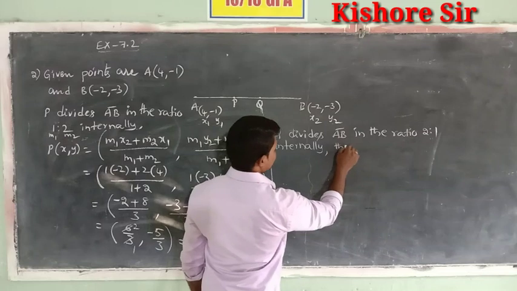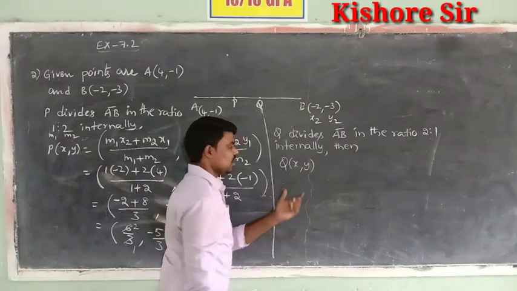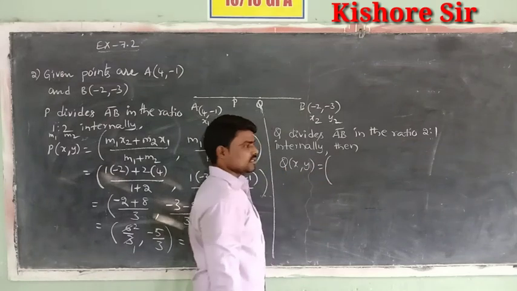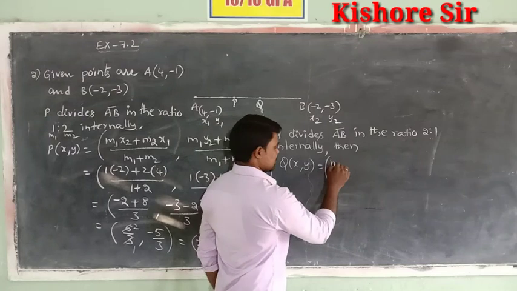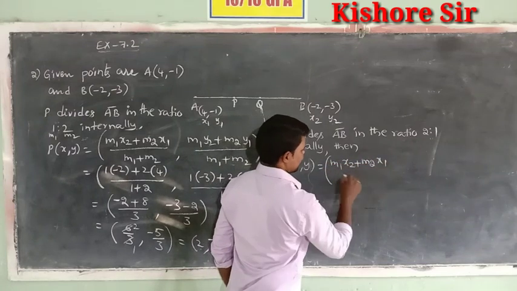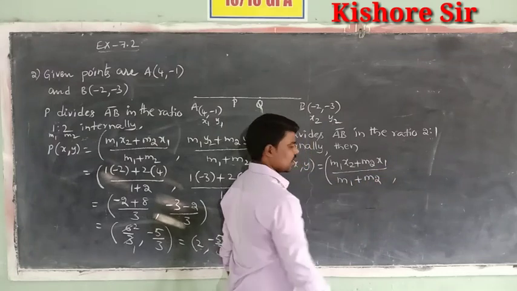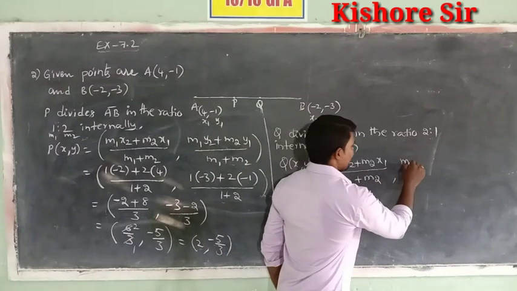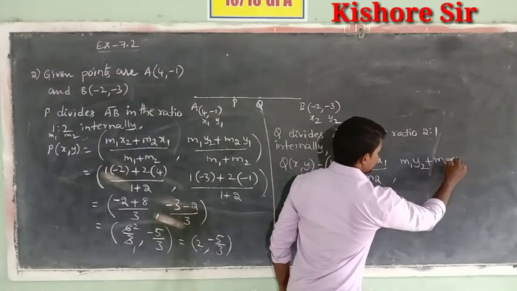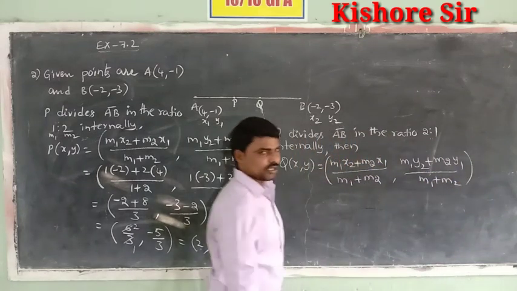Then Q(x, y), that is the coordinates of the point Q, is equal to, using the section formula, (m1 x2 plus m2 x1) by (m1 plus m2), comma (m1 y2 plus m2 y1) by (m1 plus m2). Substitute here.